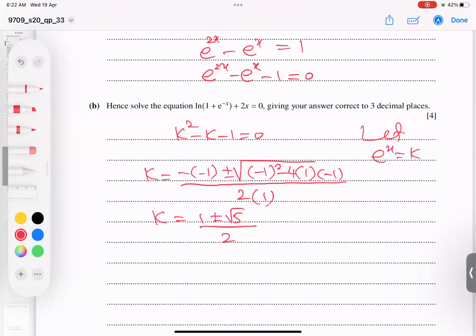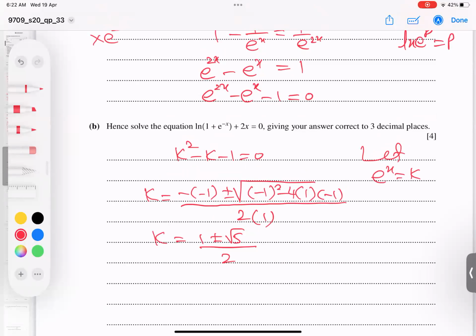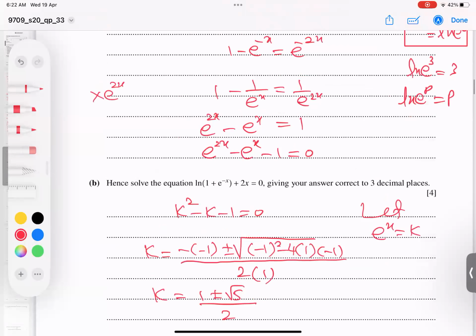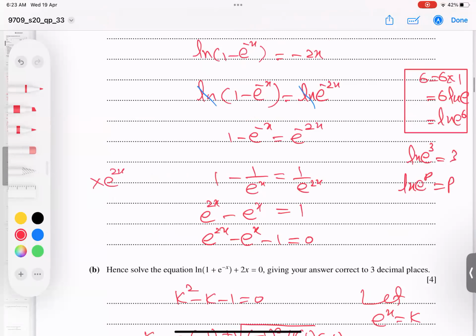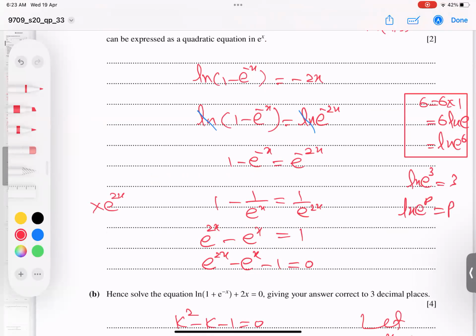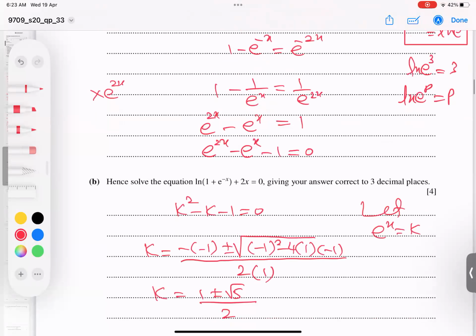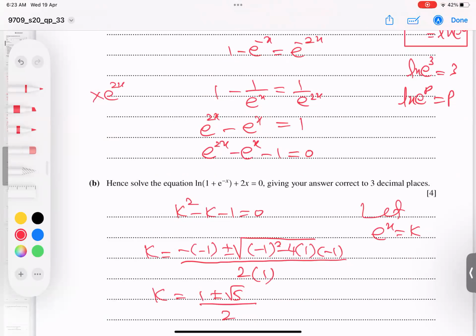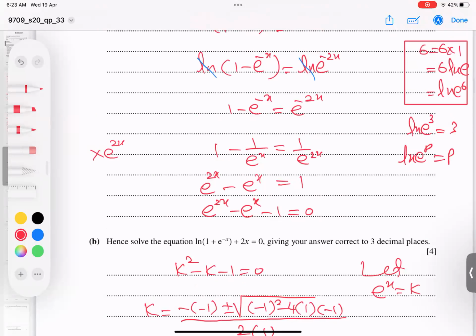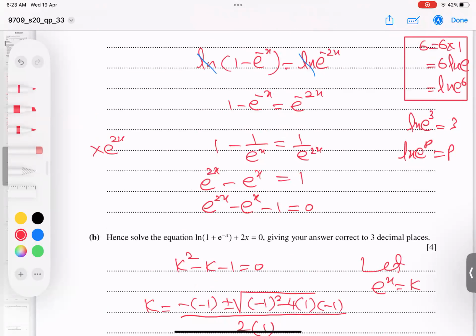Okay, students, I got two answers. One minute, let me recheck. I think is this sign positive or negative? I think positive. Let me recheck. Oh, this is the sign. No, no, correct, correct. So this goes there, and this is a plus and minus goes.